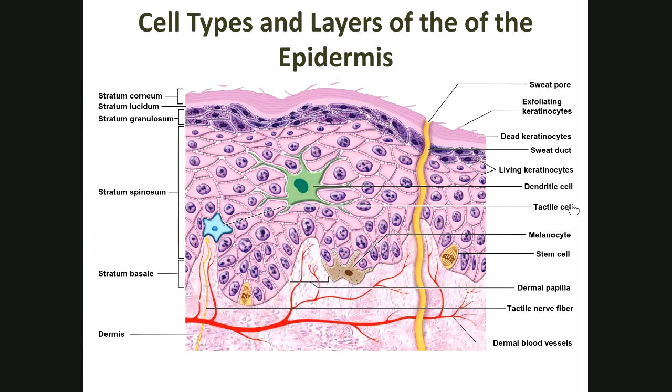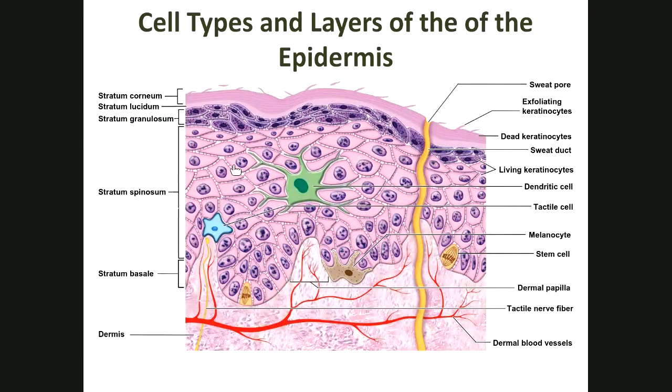The next layer of the skin is called stratum spinosum. Here you can see the stratum spinosum. In the stratum spinosum, we have several layers of keratinocytes, and you see that the keratinocytes are polygonal cells. This layer of the skin is called spinosum because its appearance is spiny.